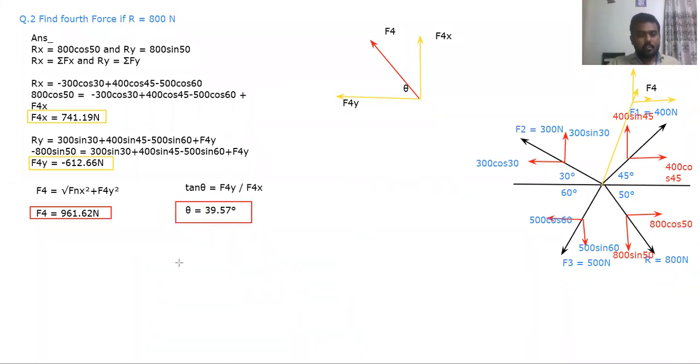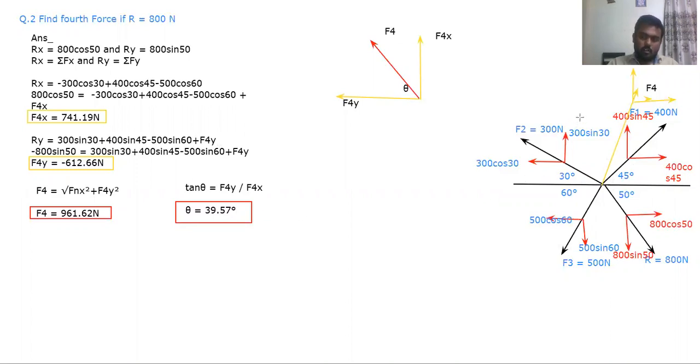So we are interested in finding the F4 force and the theta angle. So what was the procedure? First we have resolved the forces horizontally and vertically. Then we write down the cos and sin in the diagram itself, because the diagram is self-explanatory. So if your answer is wrong but your diagram is right, still you can get 1 or 2 marks for the diagram and the procedure.